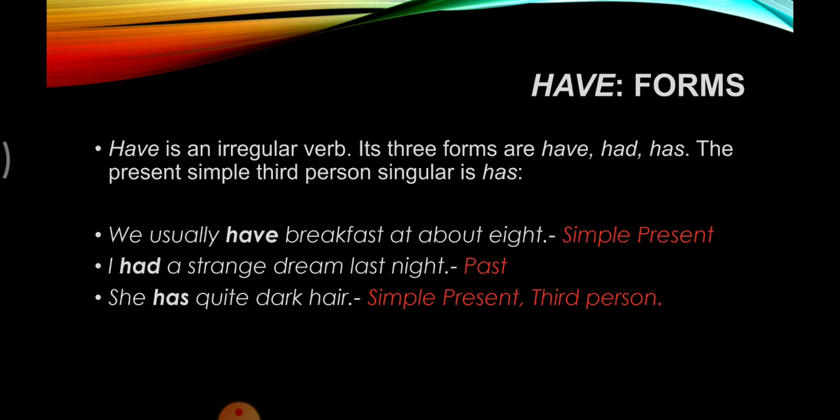She has quite dark hair. She is a third person. It's not you or me. It can be I have quite dark hair, so it would be I have or you have. But when it is she, the third person, it has to be has. Okay?